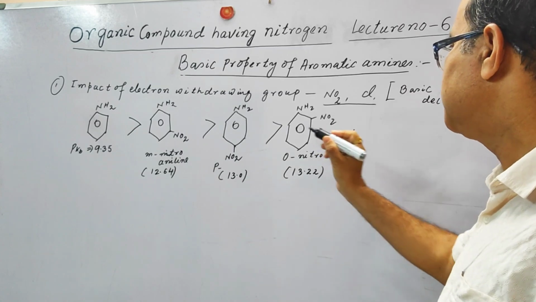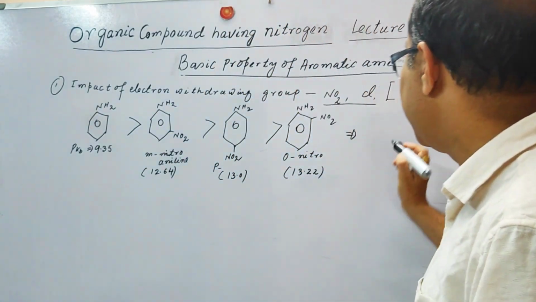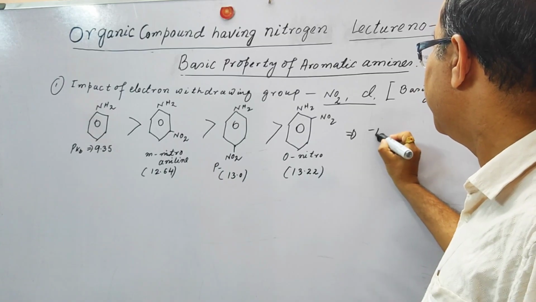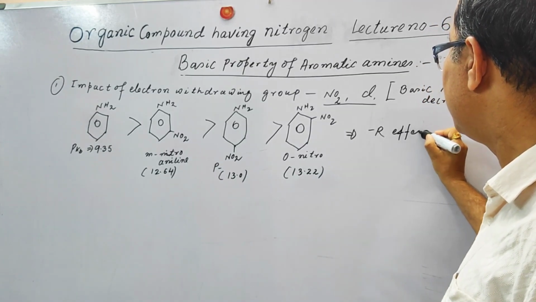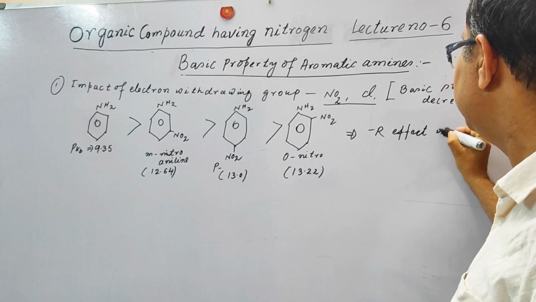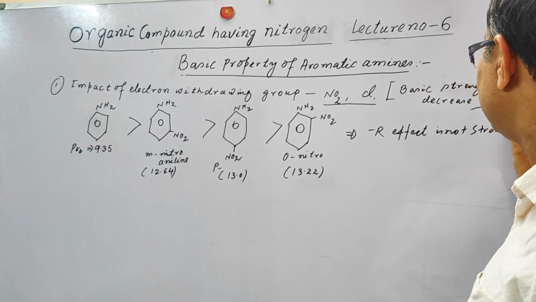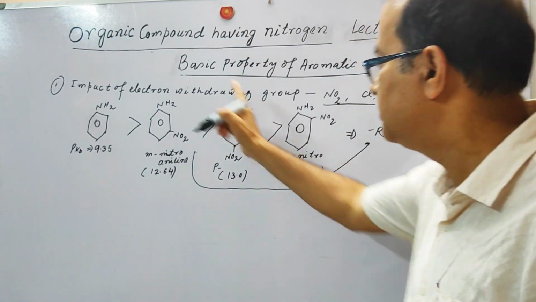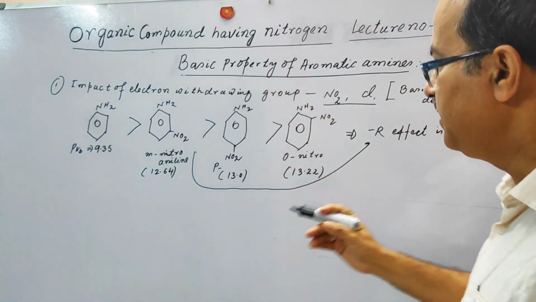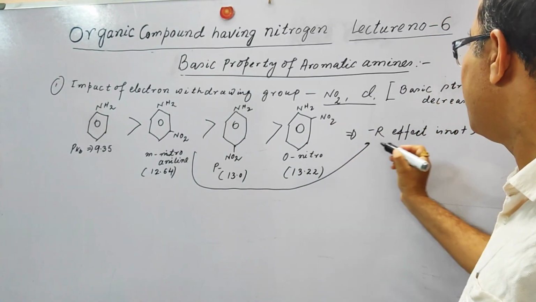at that time we can write why meta-nitroaniline has higher basic strength as compared to para-nitroaniline, because of this fact. When the nitro group is at the meta position, the minus R effect is not strong.